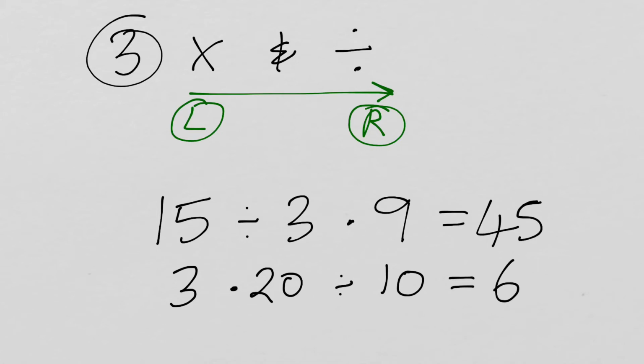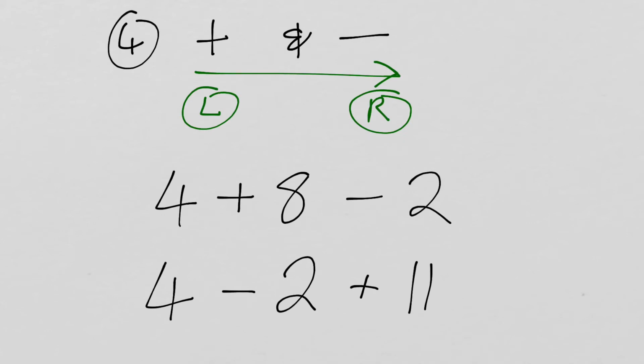So step 4 is exactly the same as step 3, except we're using addition and subtraction this time. And this one is not necessarily so vital. If I did it in the wrong order here, I'd still end up with the same answer. But there's probably situations where it does make a difference. I'm sure there are. So 4 plus 8, we're going to hit plus or addition first before subtraction in this one.